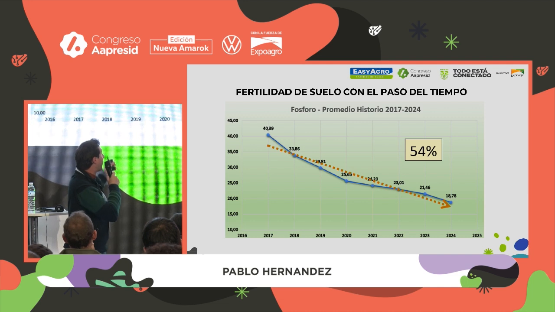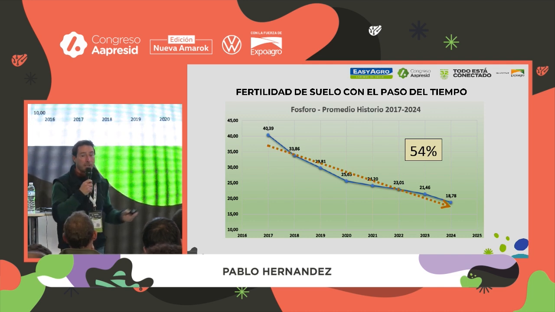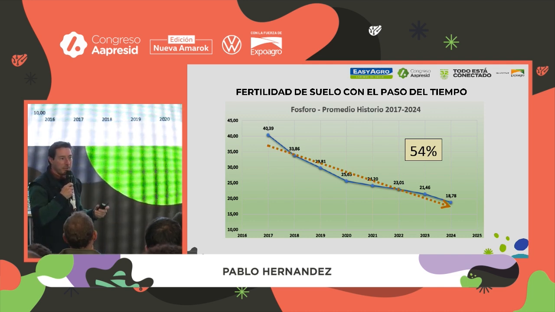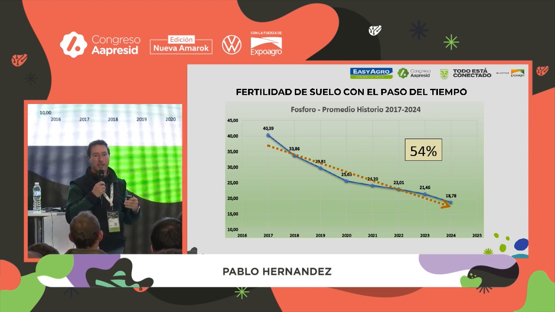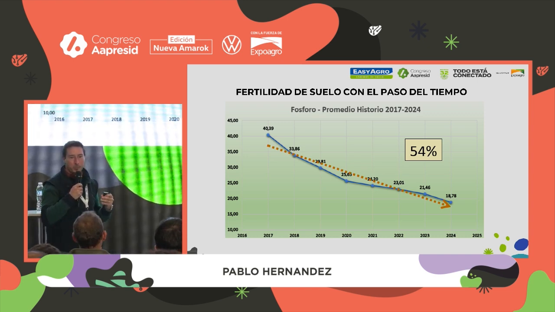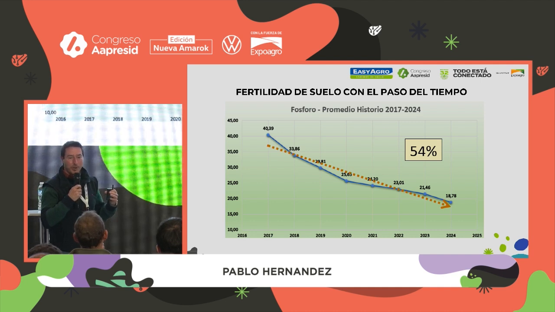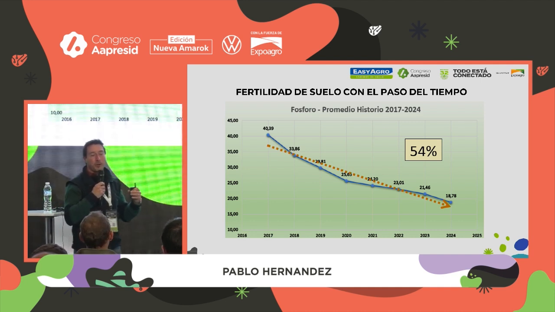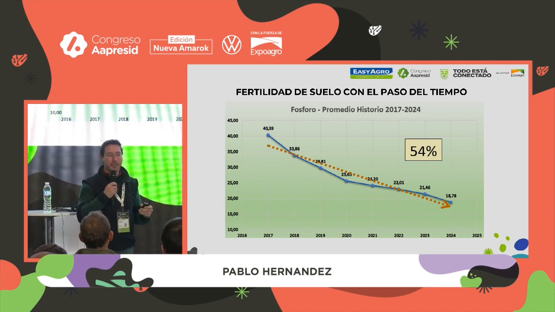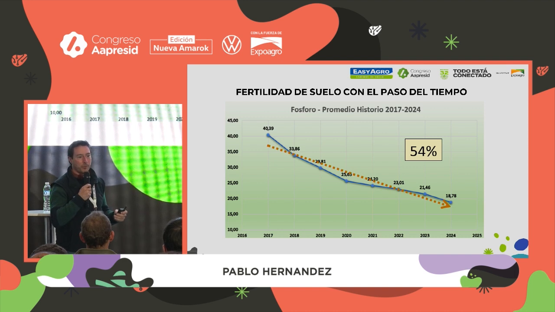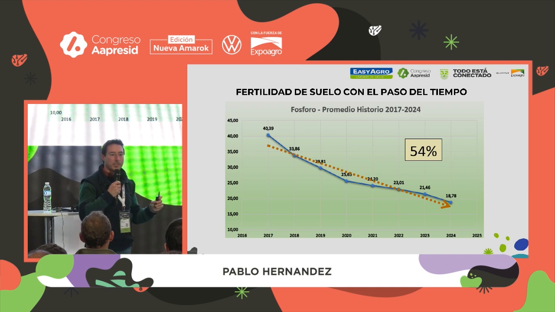As regards phosphorus, we have lost more than 54% of the high yield potential and genetics. We have a higher production capacity as long as we have water, and fertilization with phosphorus are some of the measures.